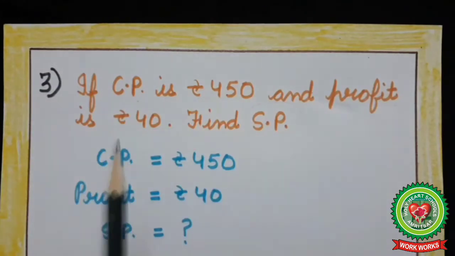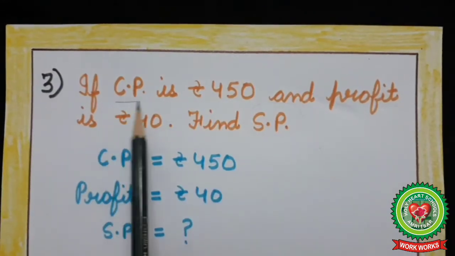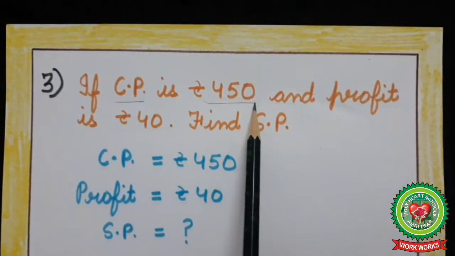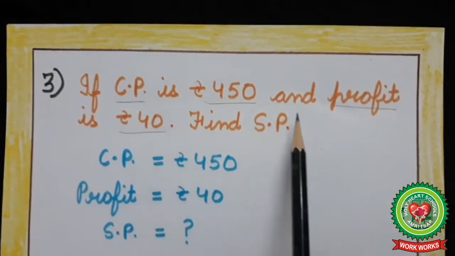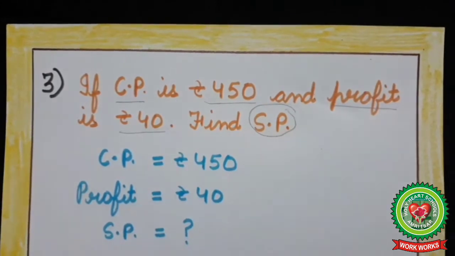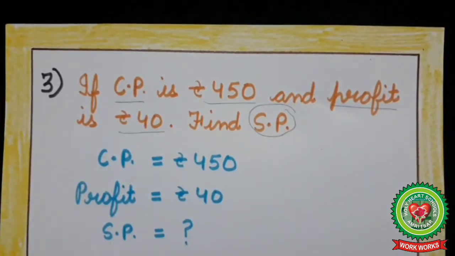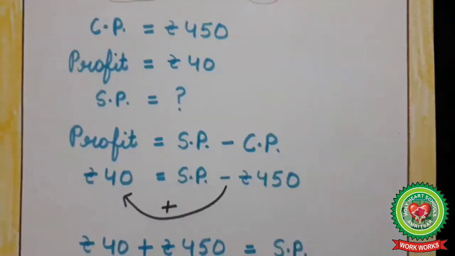Here in this example we have been given CP rupees 450, profit rupees 40. We need to find SP. So firstly we will write down whatever is given and what we need to find. CP is equal to rupees 450, profit is equal to rupees 40, SP is equal to question mark that we need to find.